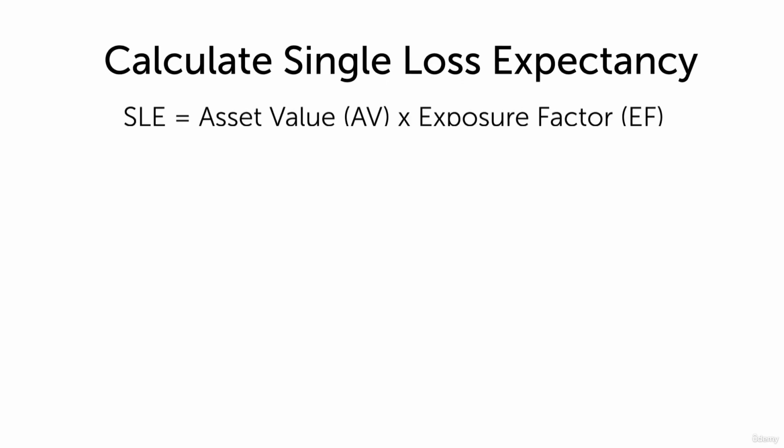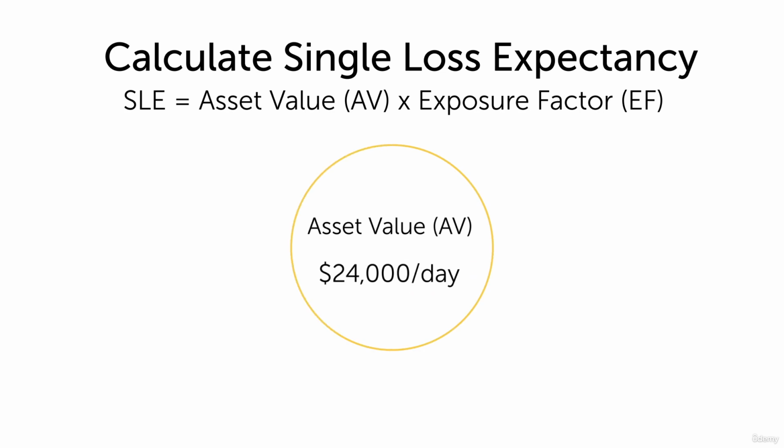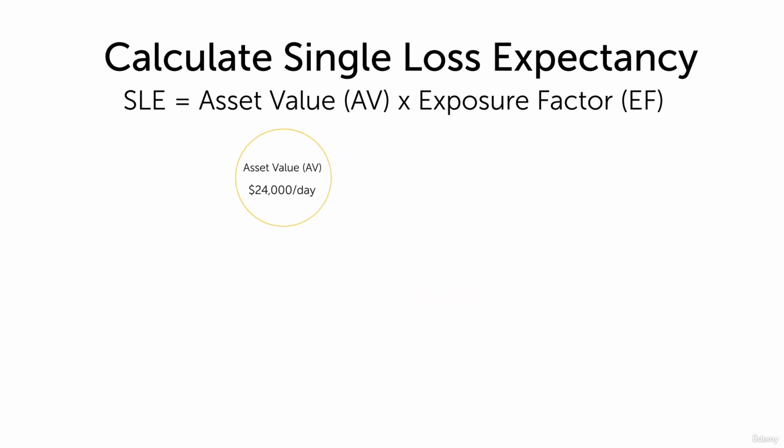Let's do a full example. So we've got, let's say, an e-commerce website that generates $24,000 of revenue per day. That's the value of that asset on a daily basis. So the asset value on a daily basis is $24,000 in our example. Assume that we've got a risk of downtime, whether due to a malicious attack or to some kind of failed hardware component.